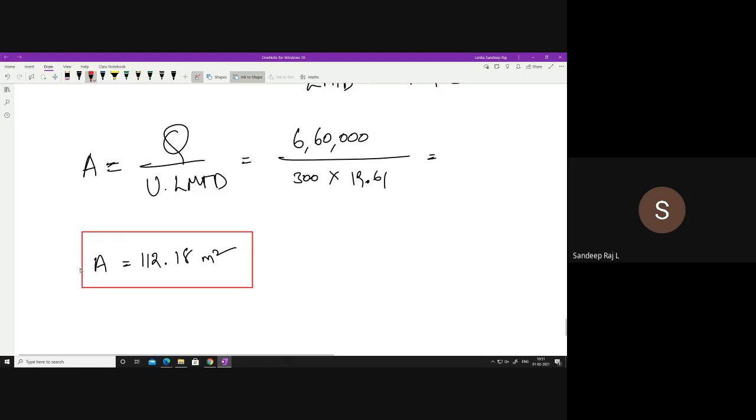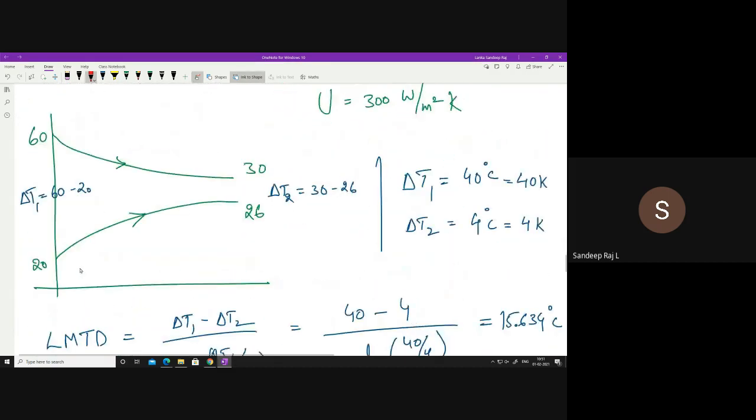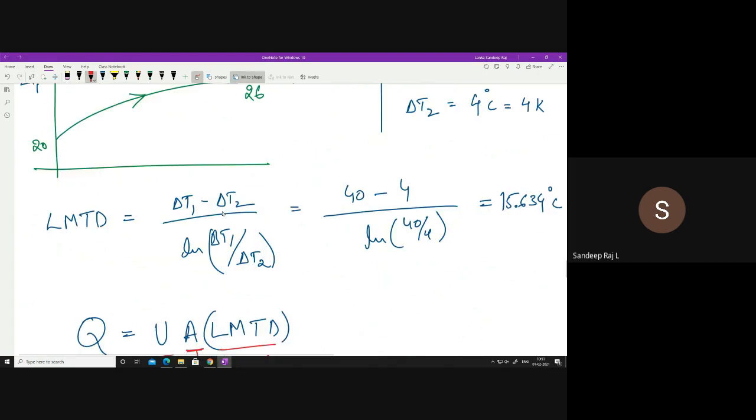Apart from this, you can also find other things in this question. Like he did not give you the value of the fluid flowing on the colder side, m_c is not given. Sometimes that question also can be asked, or that may be required for you.